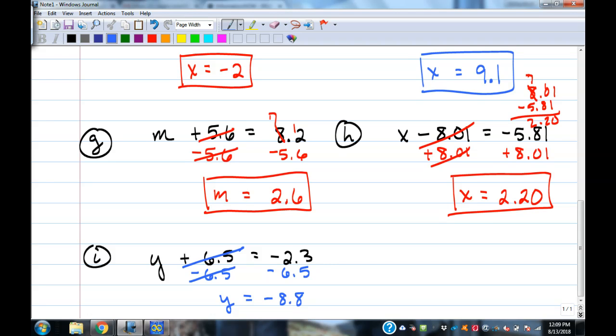So signs are the same here, so we're adding those together and keeping it negative. 3 plus 5 is 8, 2 plus 6 is 8. Both negative. The time it changes to a positive is if you're multiplying or dividing. Okay, so keep that in mind.